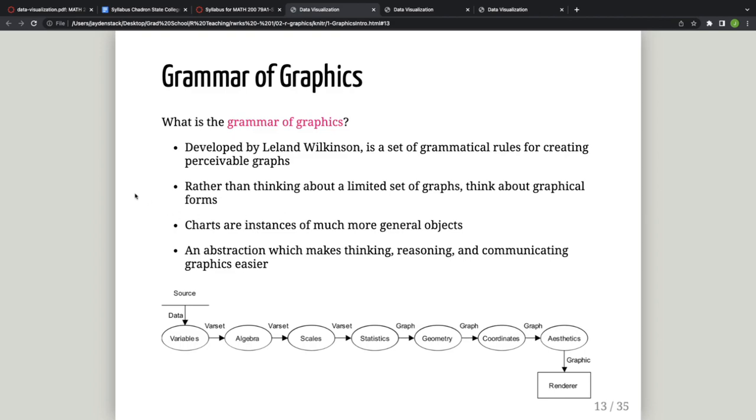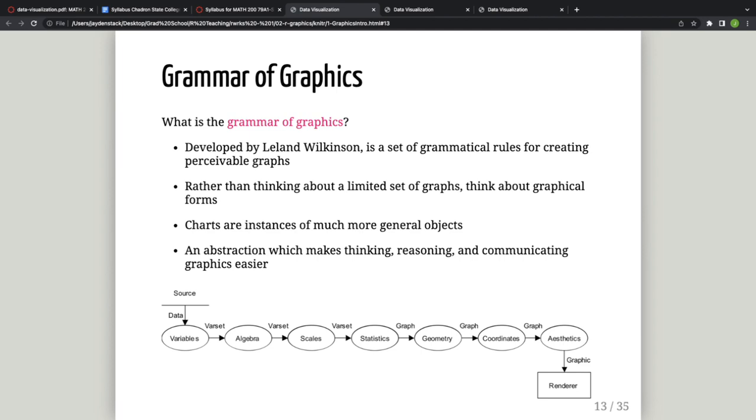So what is the grammar of graphics? It's developed by Leland Wilkinson. It's a set of grammatical rules for creating perceivable graphs, right? So it's similar to something like constructing a sentence. We need to have a grammar of graphics as well, so that we are creating something that's actually going to make sense, that R can read and will be able to spit out correctly, and also something that's going to make sense as we are building and creating this graph ourselves.